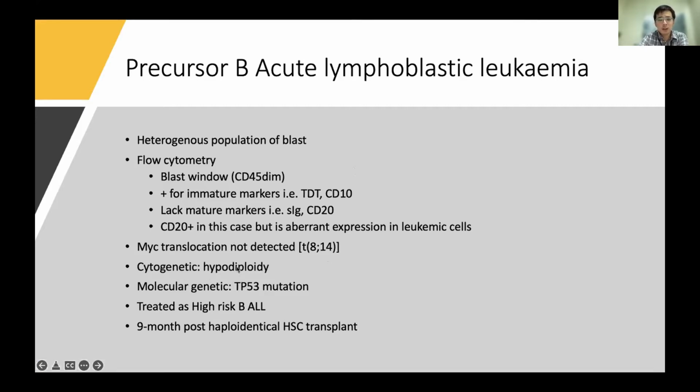Cytogenetics of this patient showed hypodiploidy, with a molecular genetic result of TP53 mutation. Eventually this case was treated as a high-risk B-ALL, and the patient is currently 9 months post stem cell transplant and doing well.